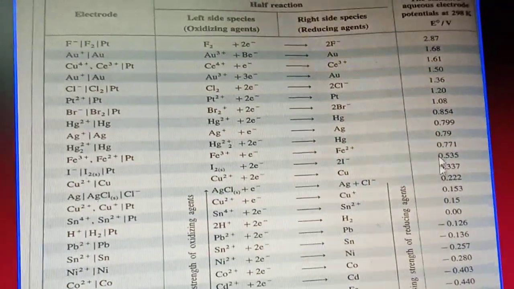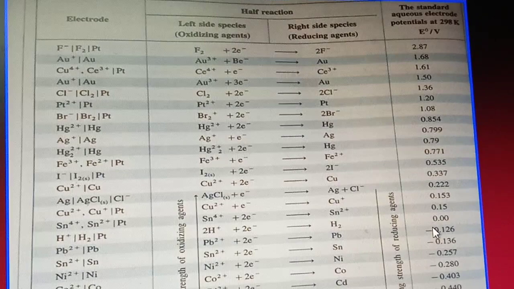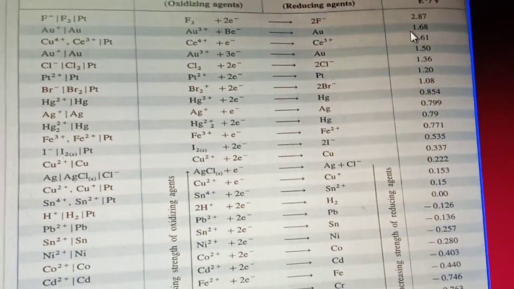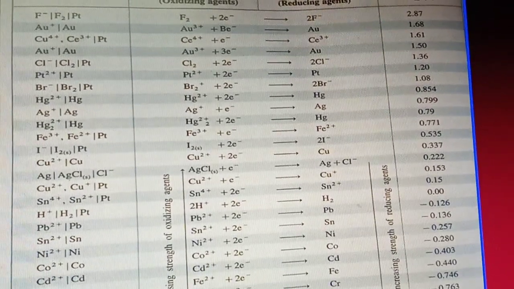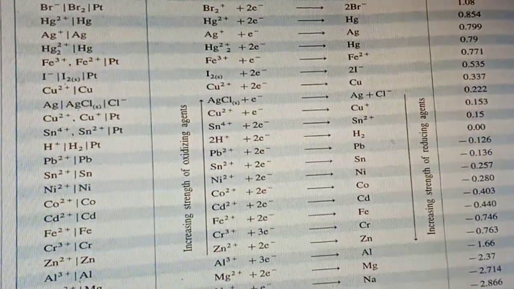So all positive values of standard reduction potentials are seen above the standard hydrogen electrode, and below the standard hydrogen electrode, negative standard reduction potential values have been placed.